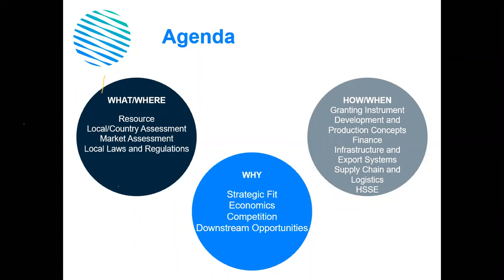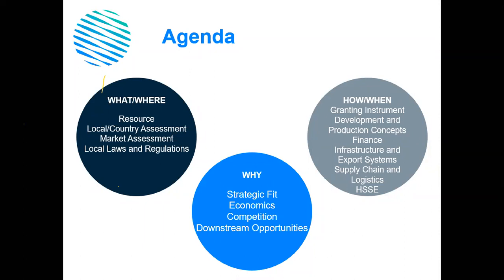So that's the caveat. We've got 14 key elements that we're going to run through at a little bit of speed, obviously with the time available. And we've grouped those into 3 main categories: the what and the where, the why, and the how and the when. The what and the where is the resource, local country assessment, the market assessment, and local laws and regulations.